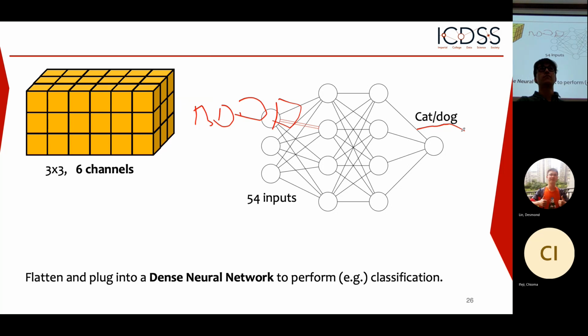So is it correct to say that convolutions are good for extracting features and then classifiers, for instance a neural network, are useful for classifying things?